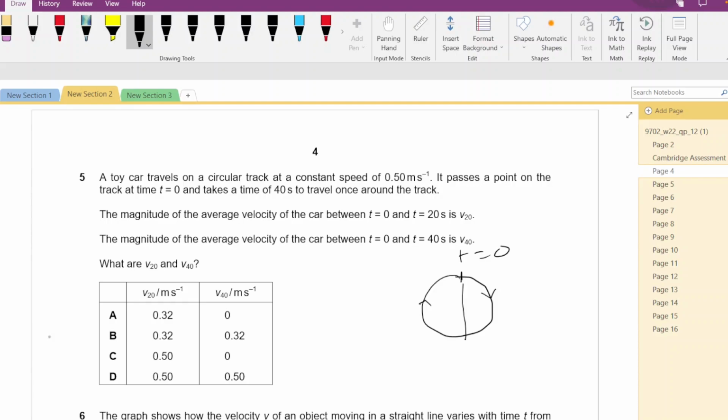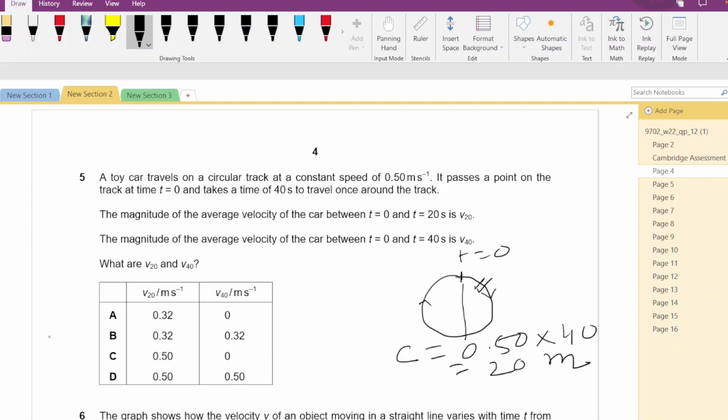Speed is given and time is given. Therefore the whole length of the track, or circumference, would be 0.50, this is speed, times time, which is 40 seconds. This gives 20 meters.